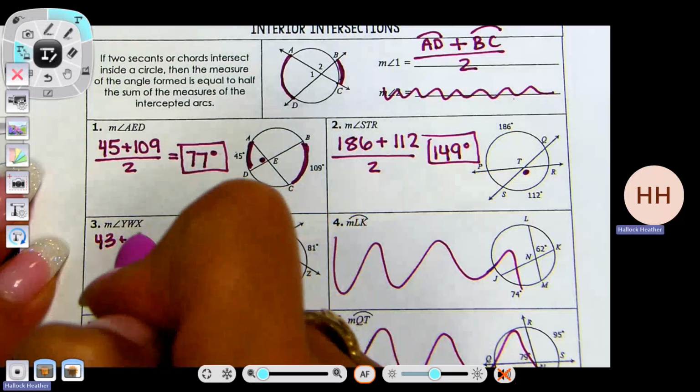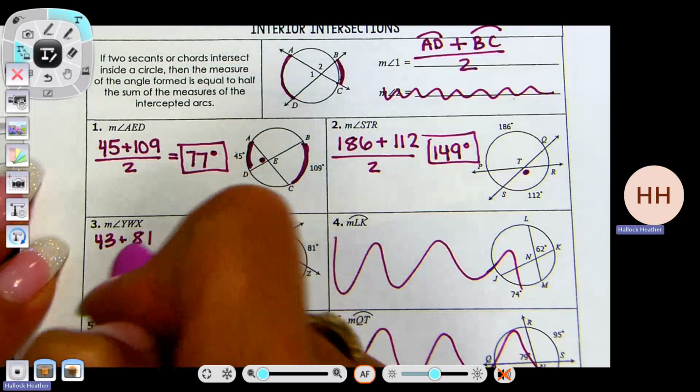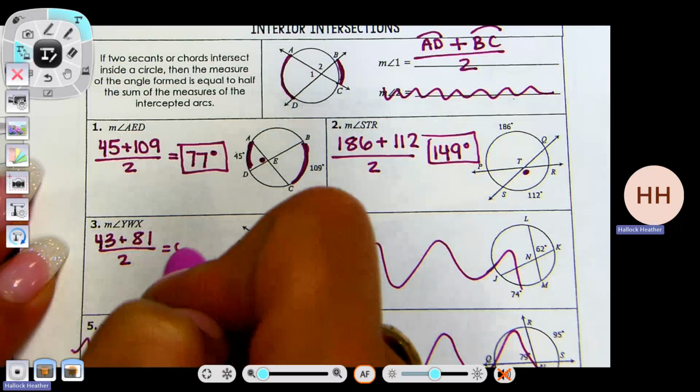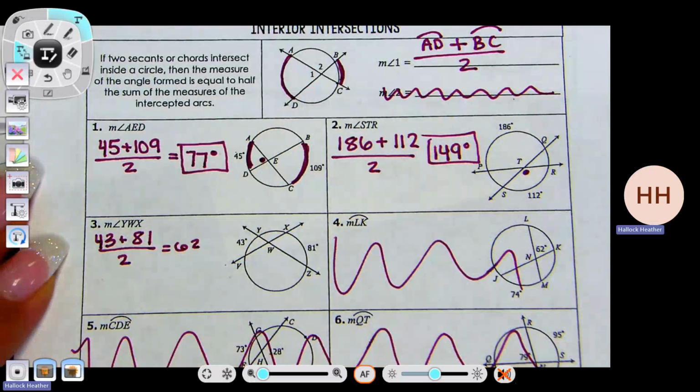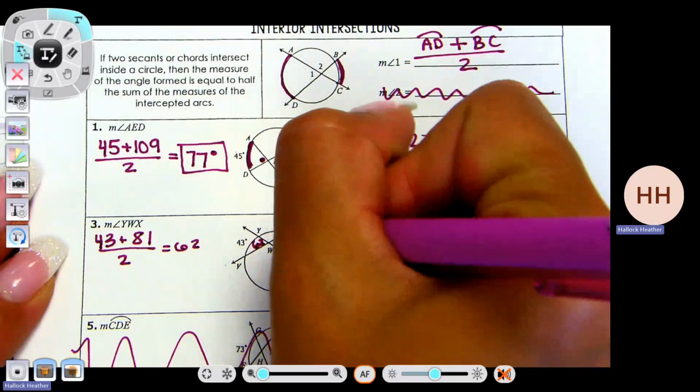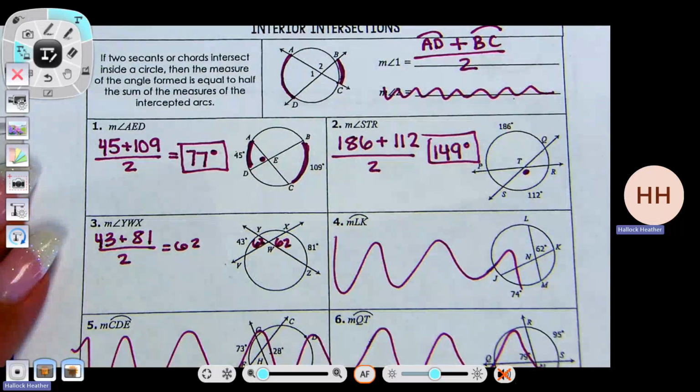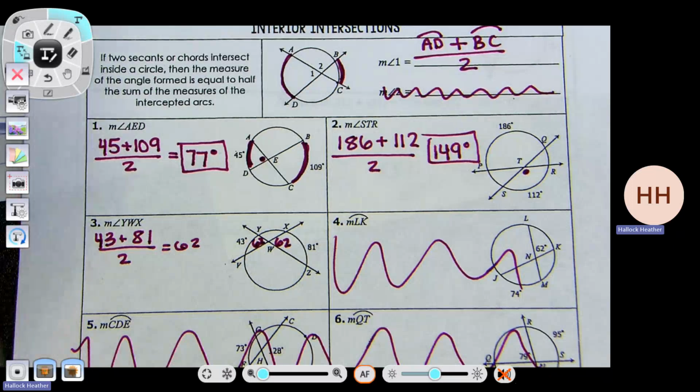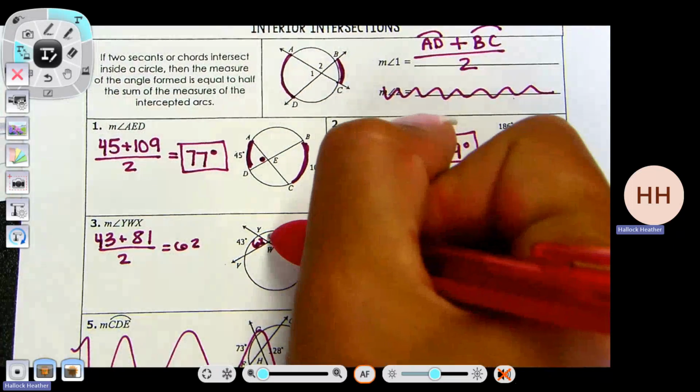So what do we get? No, you have to find top. Ah, okay, so 62 is part of it. 62 goes here. 62 can also go here because vertical angles are congruent. But if you look at what it wants, YWX, which is technically not that angle. YWX is right here.